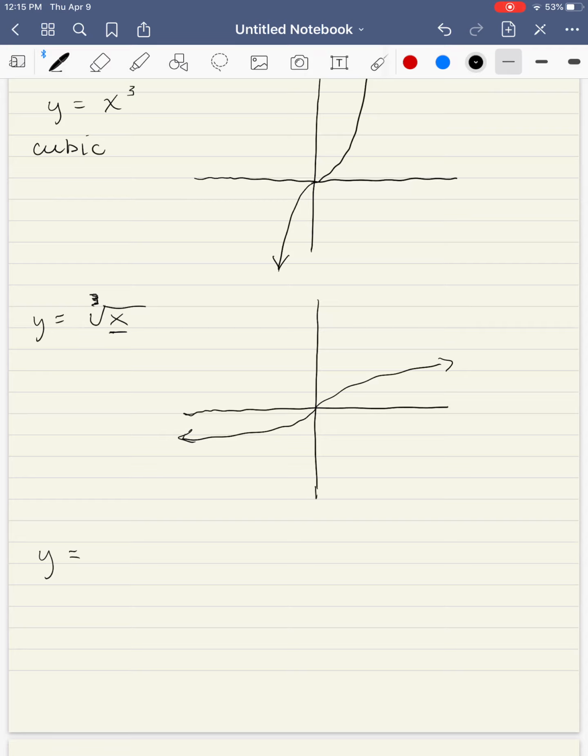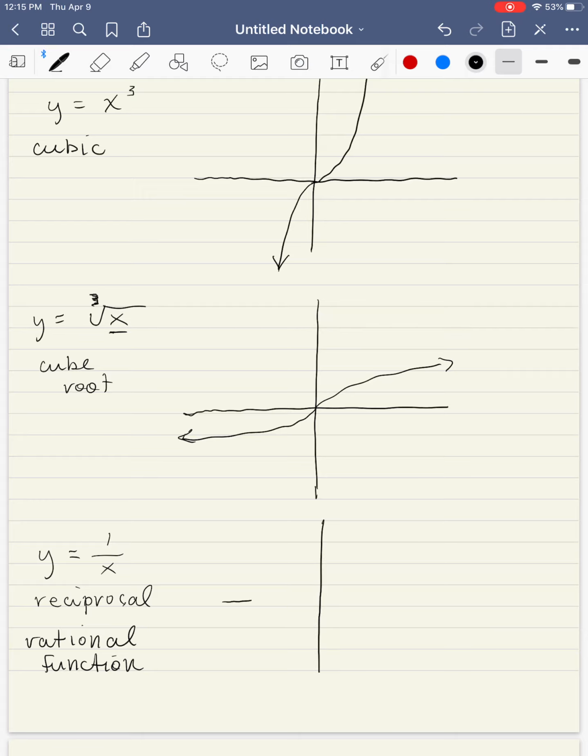I also have the graph 1 over x. If I take any number x and take 1 over x, it gives me its reciprocal. So this is called a reciprocal function. We're also going to see later in the semester that it is the most basic rational function as well.